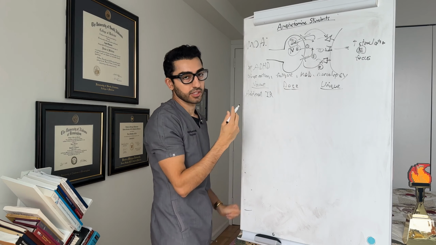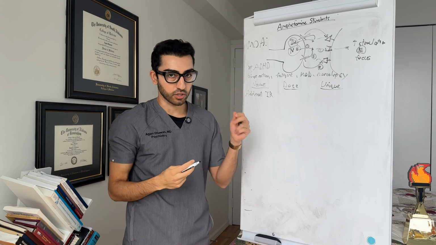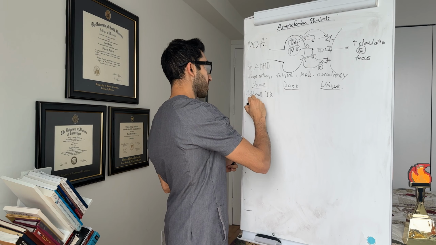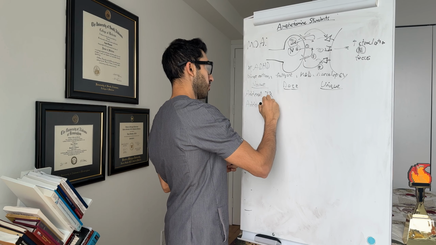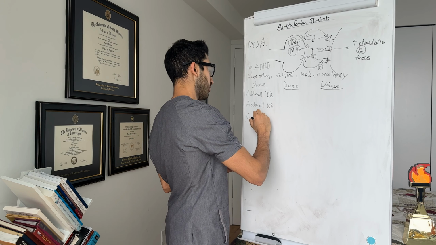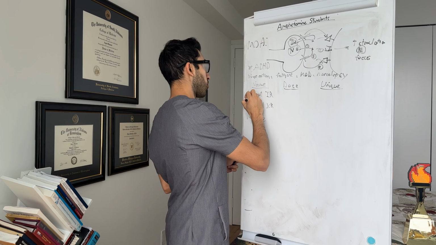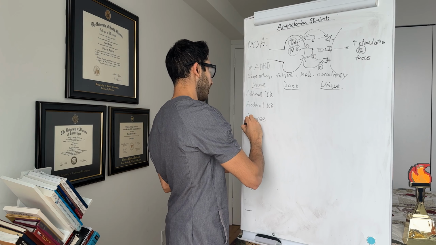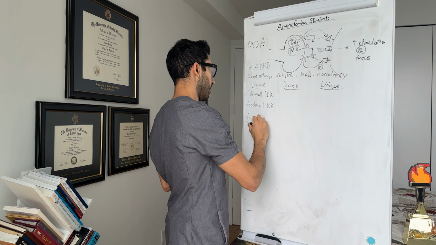And so all of these stimulants are going to have their own individual videos as well. Adderall IR, we have Adderall XR, and then we also have Vyvanse. So Vyvanse is lisdexamphetamine.